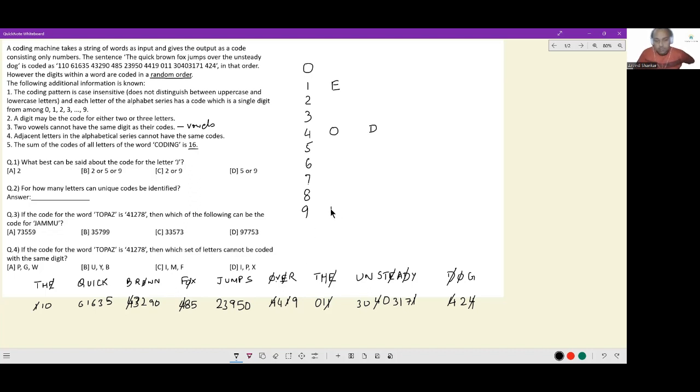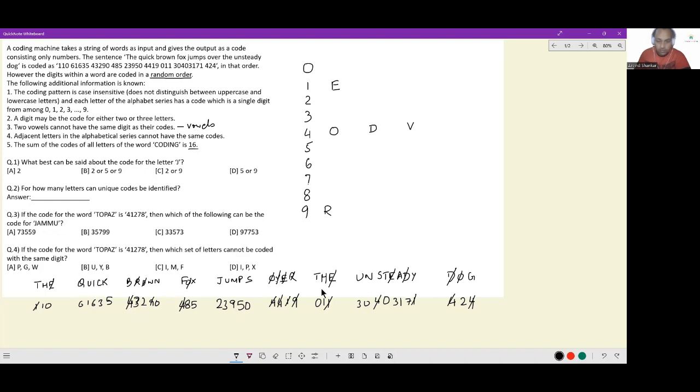So 9 has to be R. And as soon as we identify that, we also know V has to be 4. So all the three letters for 4 are identified, and the word OVR is done.